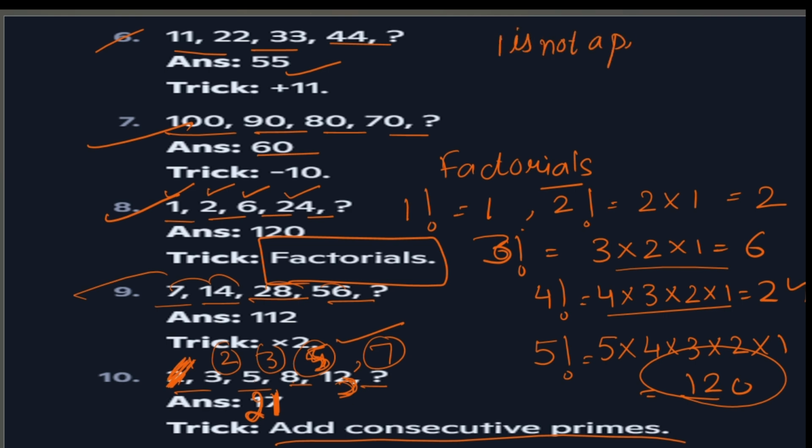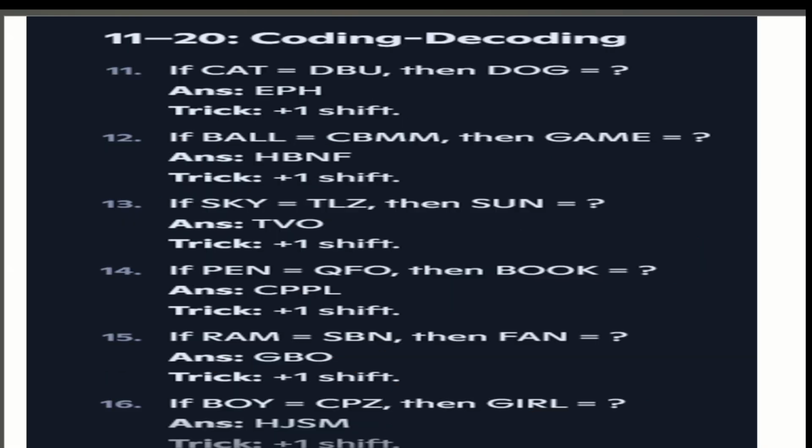So there is a mistake in this statement. 3, 5, 8, 13 would be there. To 3 we have added 2, then 5, 8 we have added 3, 8, 13 we have added 5, and to 13 we are going to add 7 to get 21, adding consecutive primes.